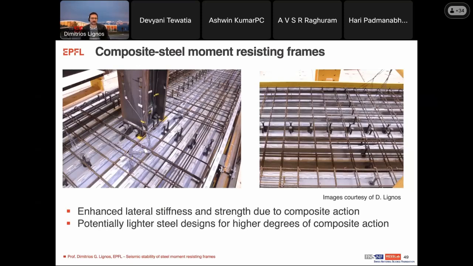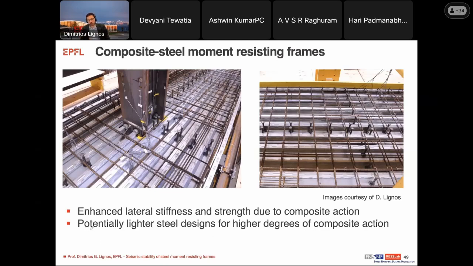So now the next subject I would like to talk about relates to composite construction, and in particular, composite steel moment-resisting frames. This is a system that obviously is popular at various places around the world due to its enhanced lateral stiffness and strength because of the composite action.